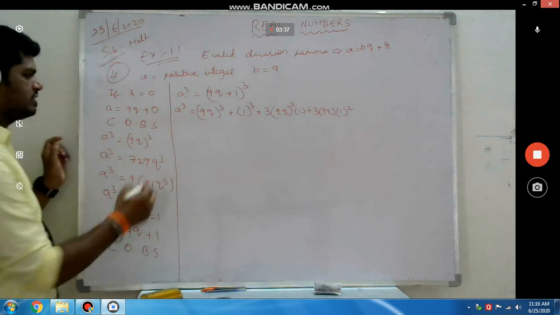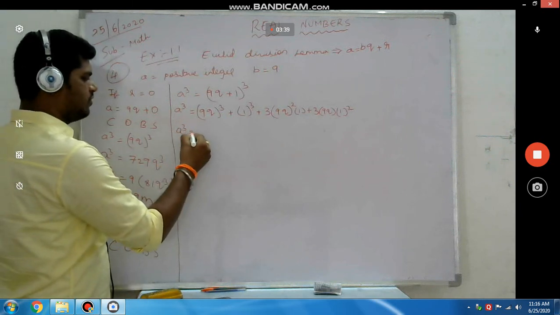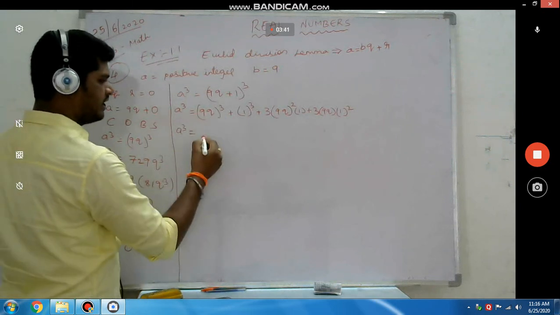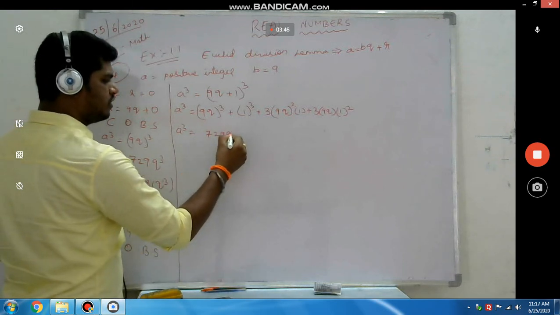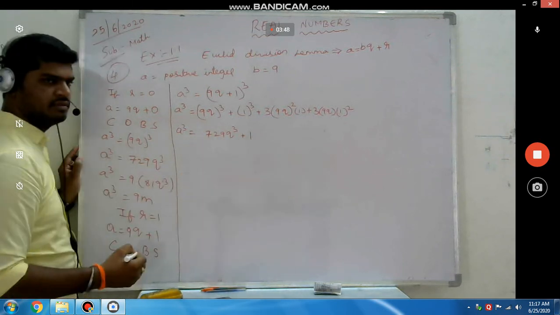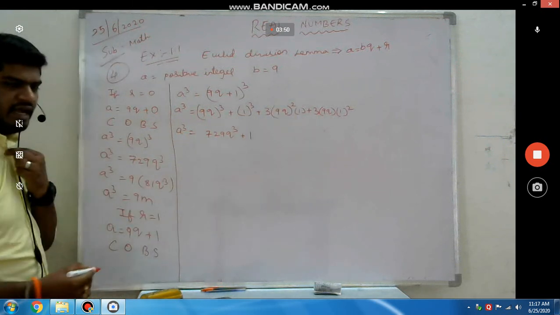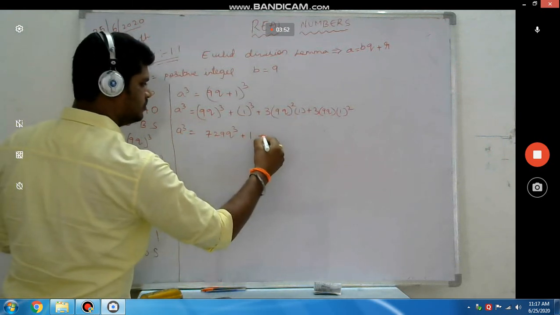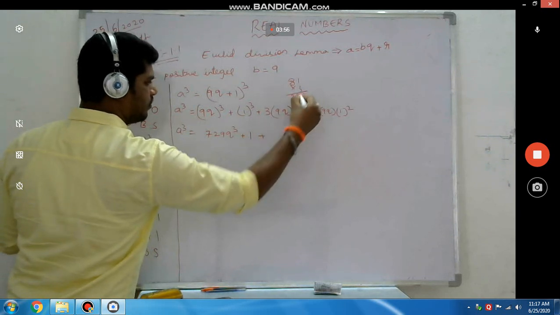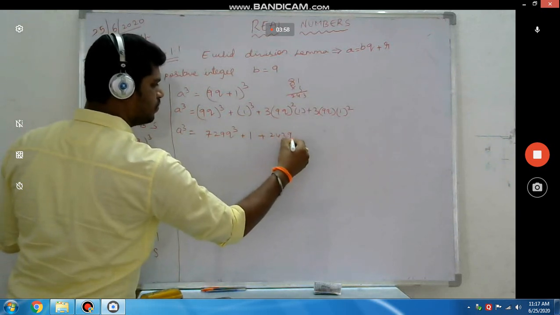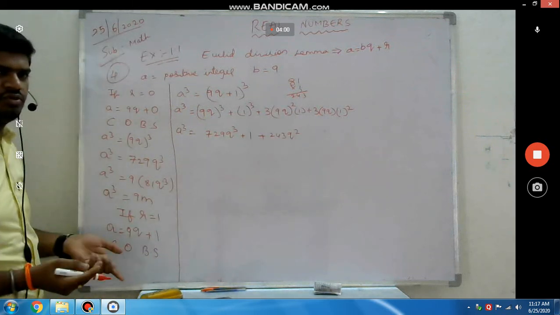If I simplify that, a cube is equal to 9 cube q cube, which is 729 q cube, plus 1. 9 square means 81, and 81 3s are 243, so 243 q square into 1, same as it is.